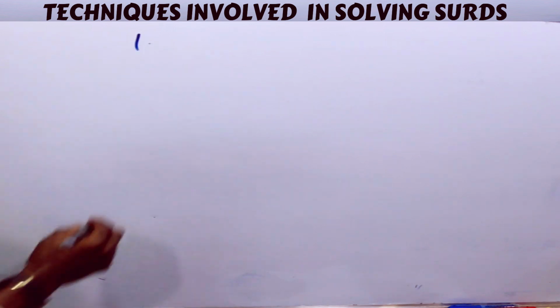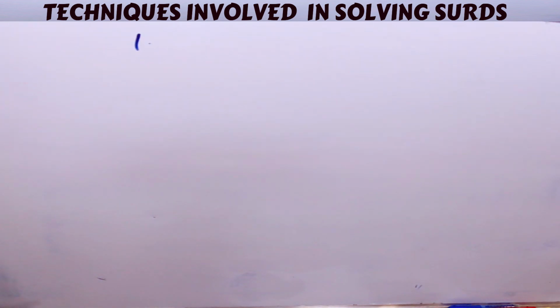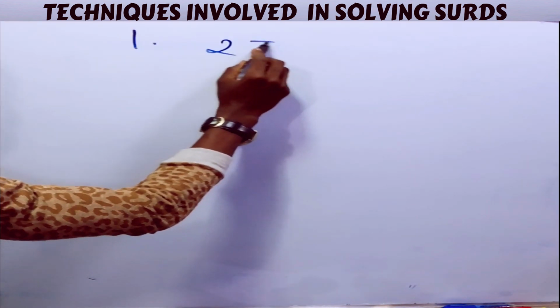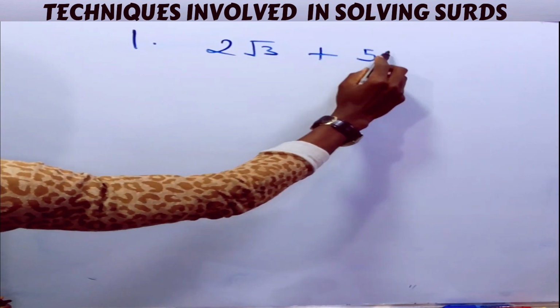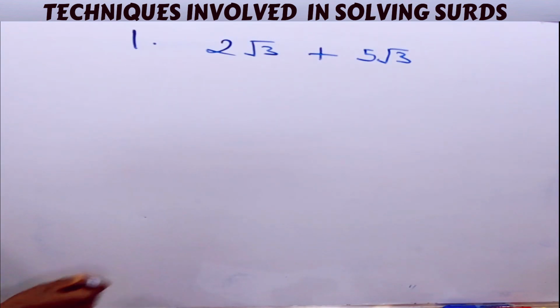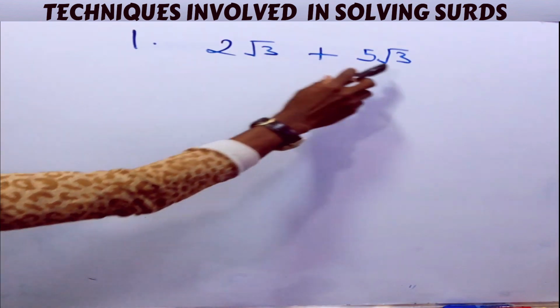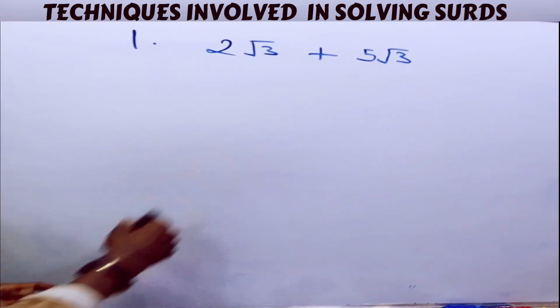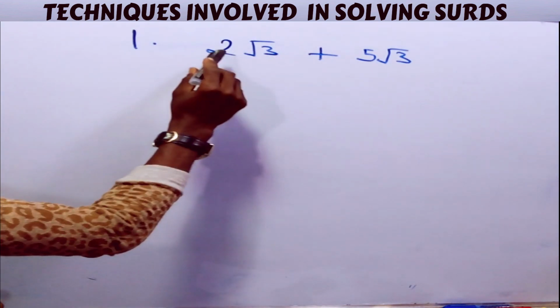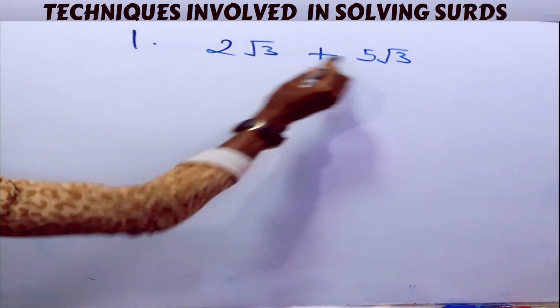Let's check out the techniques involved in solving surds. First of all, we'll be looking at the addition and subtraction techniques. If we have 2 root 3 plus 5 root 3, because they are the same surds, surd 3, surd 3, we'll pick one surd and sum up the whole numbers.